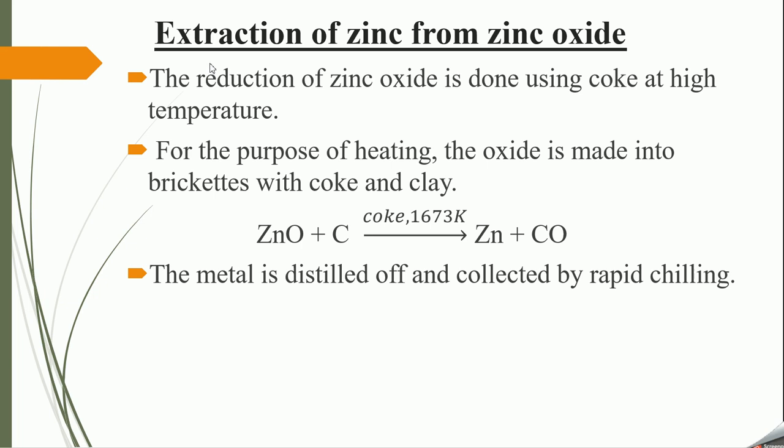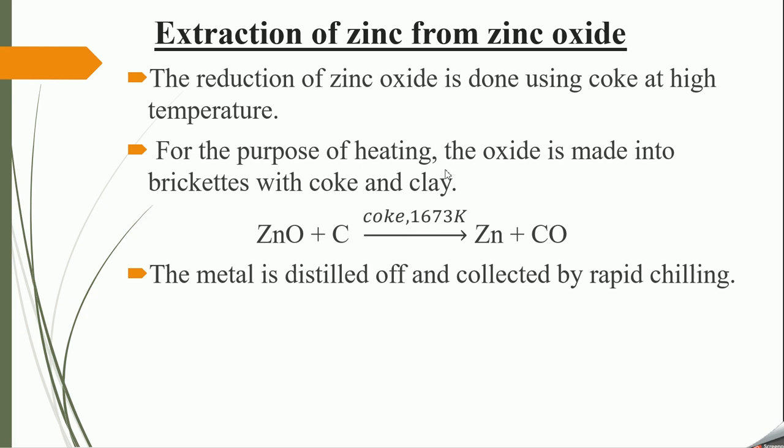Next concept is extraction of zinc from zinc oxide, that is ZnO. Here extraction is done by taking coke as a reducing agent. So in the reduction of zinc oxide, coke is used as a reducing agent, and it is heated at a temperature of 1673 Kelvin.